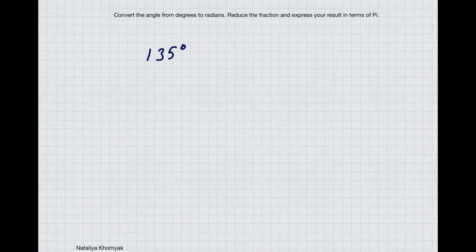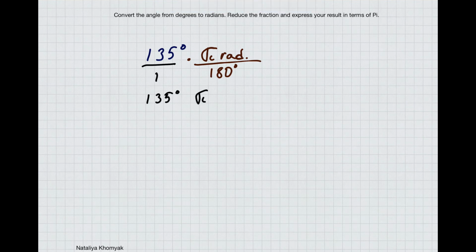Here we have to convert 135 degrees into radians. Ratio is still the same, pi radians out of 180 degrees. 135 is out of 1. Multiply numerators and we get 135 degrees times pi radians out of 180 degrees. Degrees and degrees will cancel. 135 ends in a 5, 180 ends in a 0.